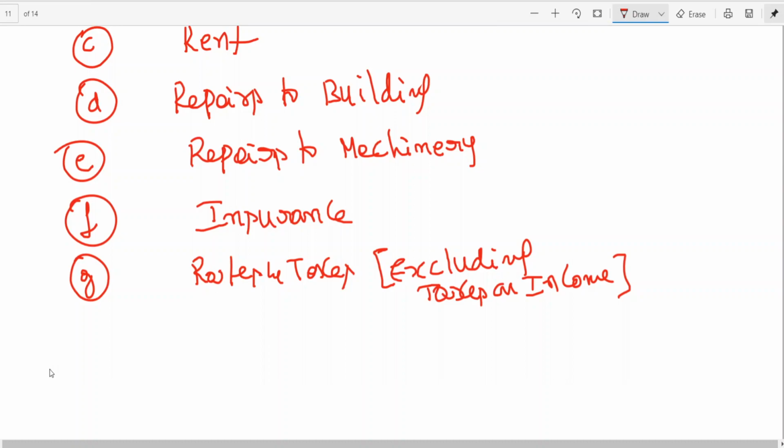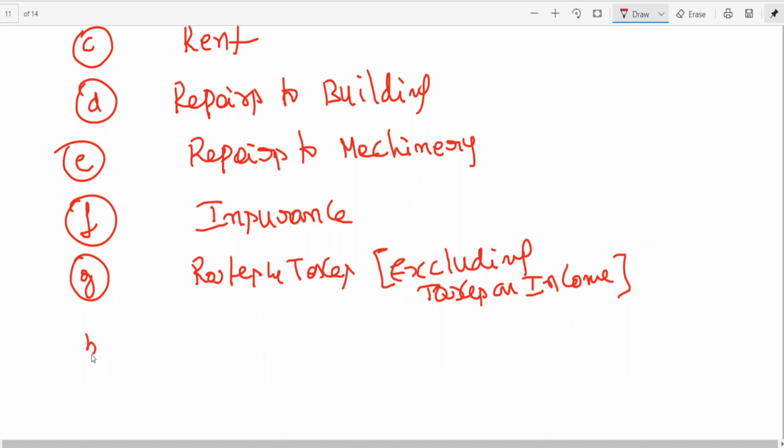For partners' income tax or sole proprietor's income tax is taken as drawings. But for corporate entities, income tax is a business expense. So this is rates and taxes other than taxes on income, because taxes on income will be taken to statement of P&L, no? Profit before tax minus after tax.